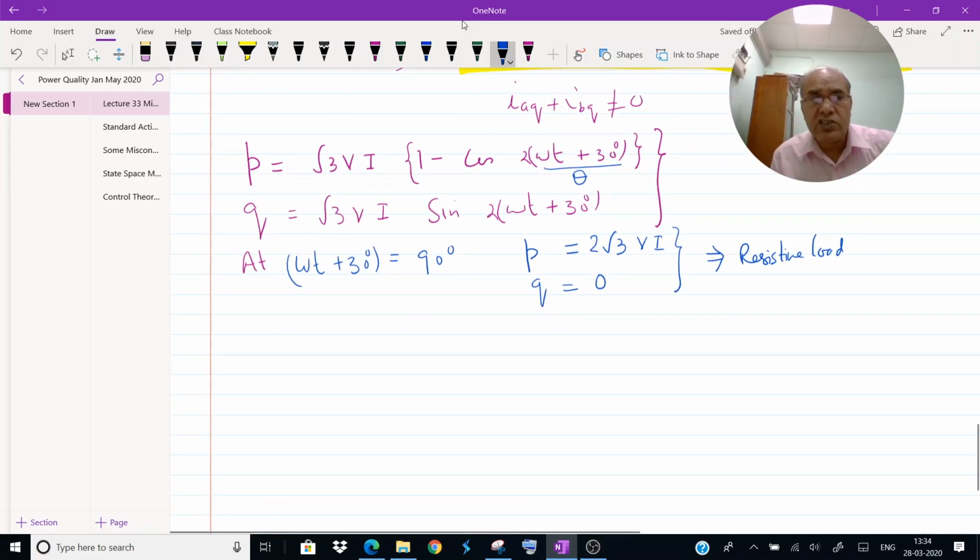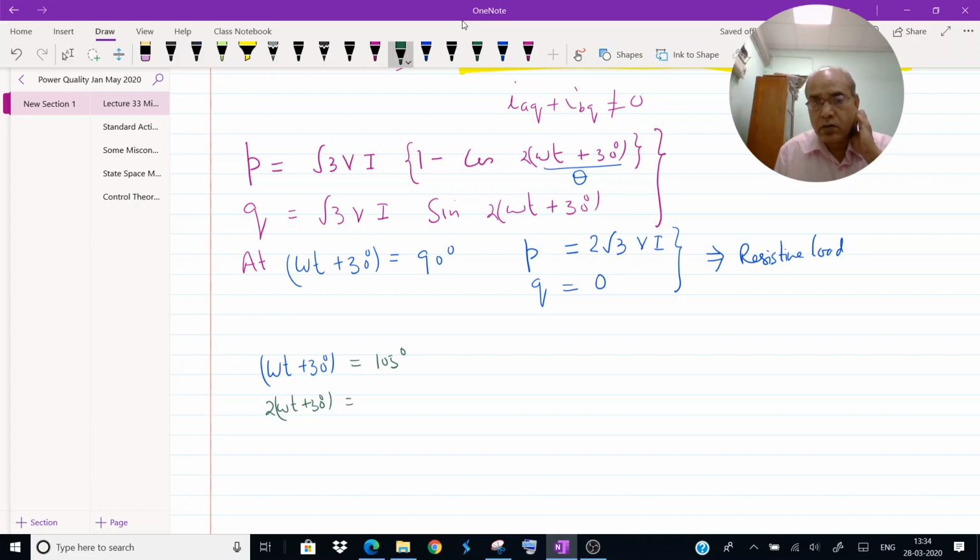Now we take another instant when omega t equal to, let us say, 105 degree, which means 2 omega t plus 30 degree is 210 degree, which means 180 plus 30.